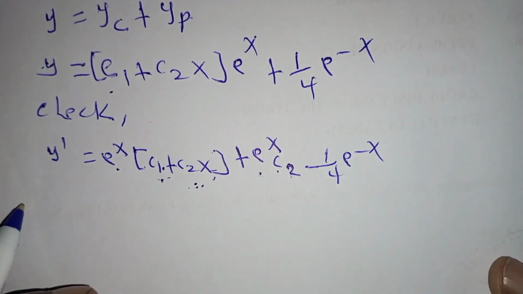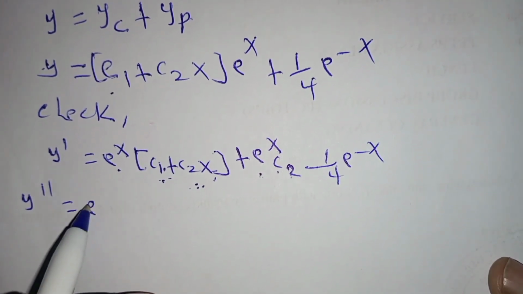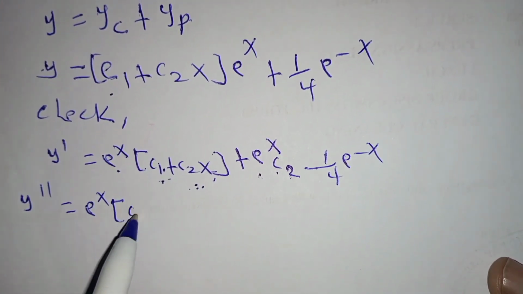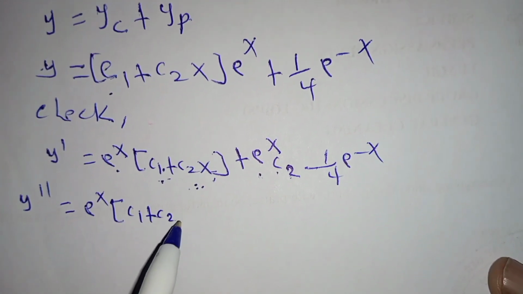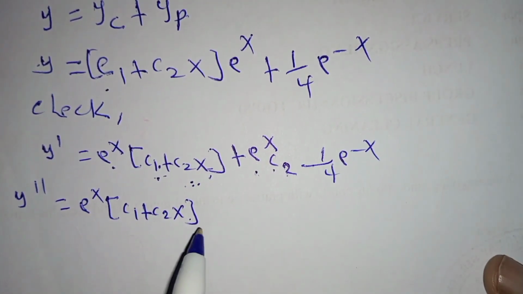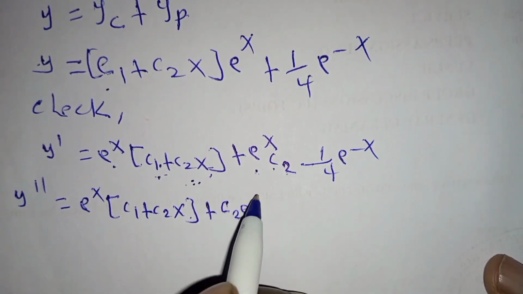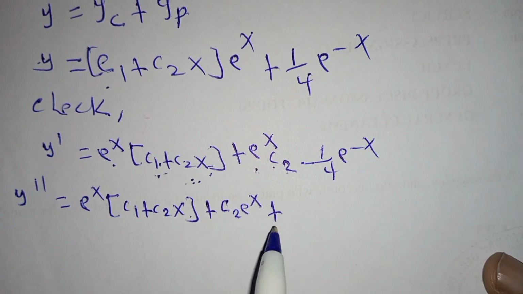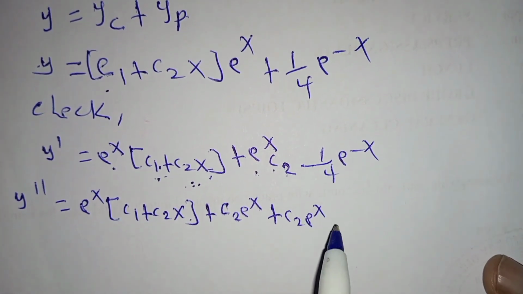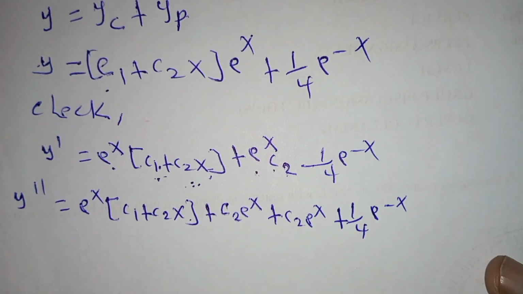Then you differentiate again: y double prime is equal to exponential x into bracket c1 plus c2 x, then differentiating this again gives plus c2 exponential x plus c2 exponential x plus 1/4 exponential negative x.